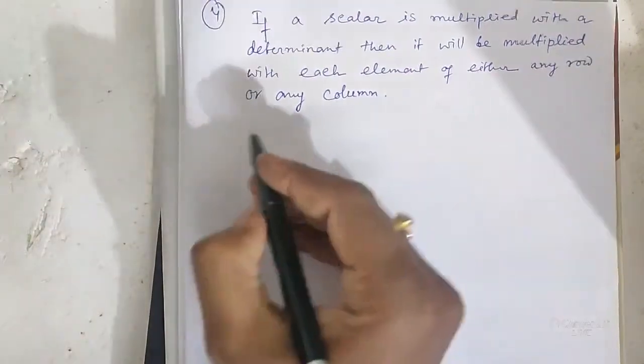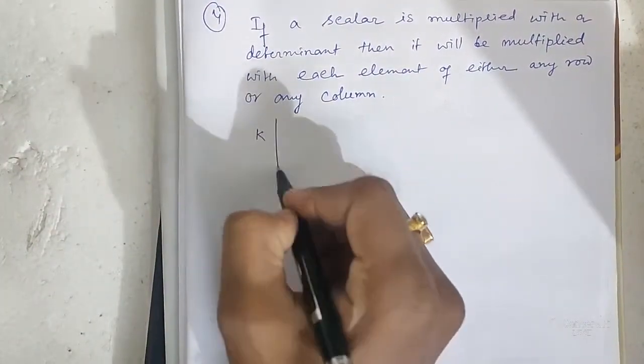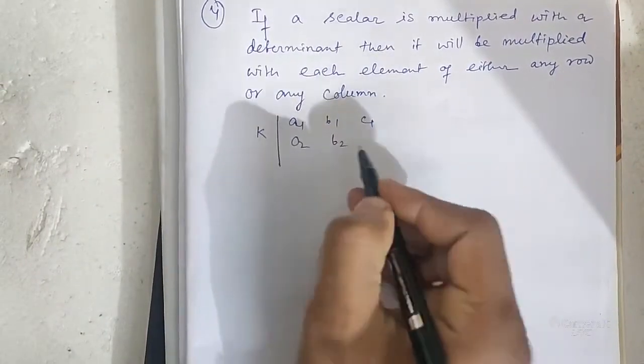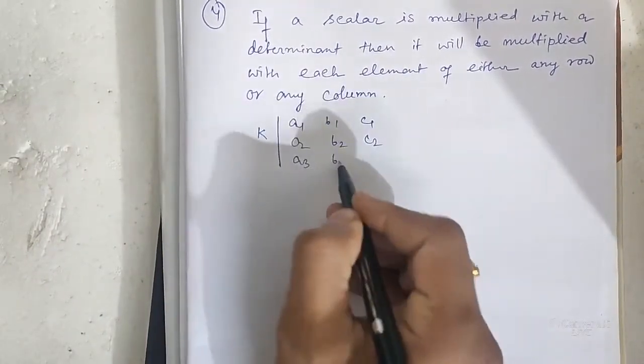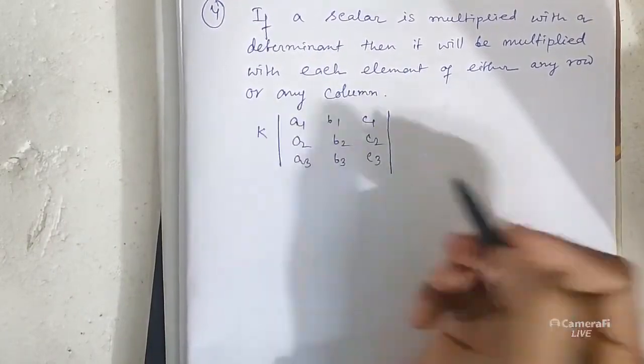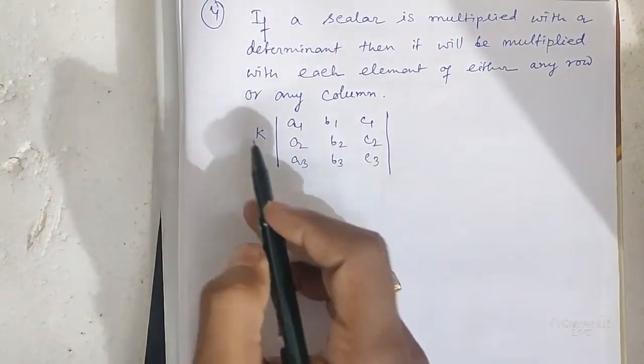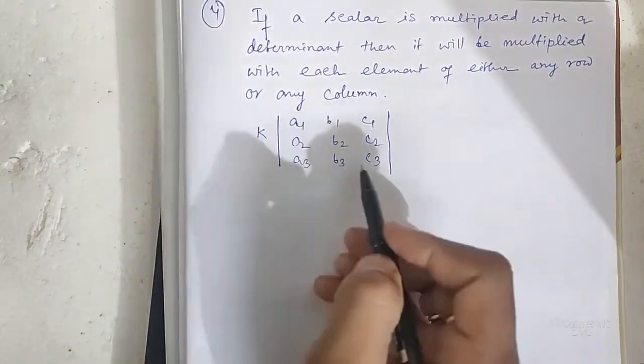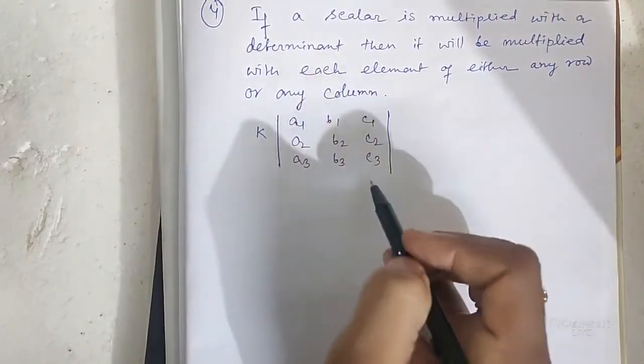That means if suppose k into the determinant a1 b1 c1, a2 b2 c2, a3 b3 c3 is given, then you can multiply this k either with any row or with any column.